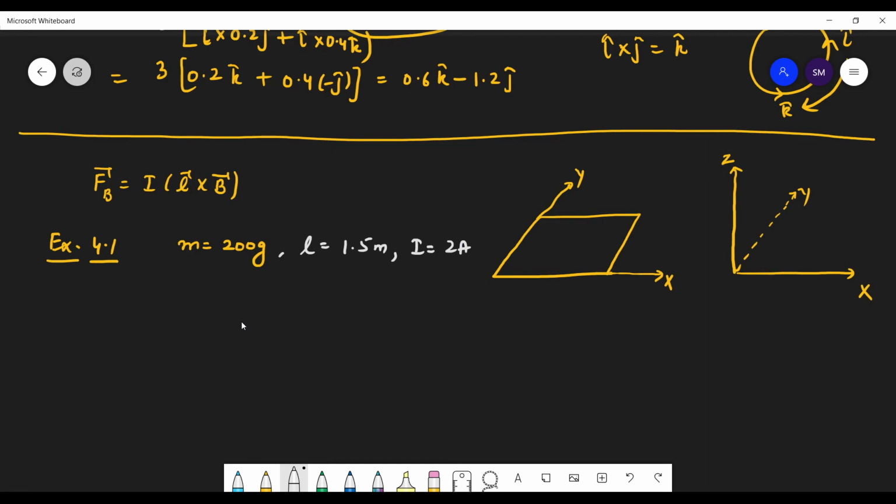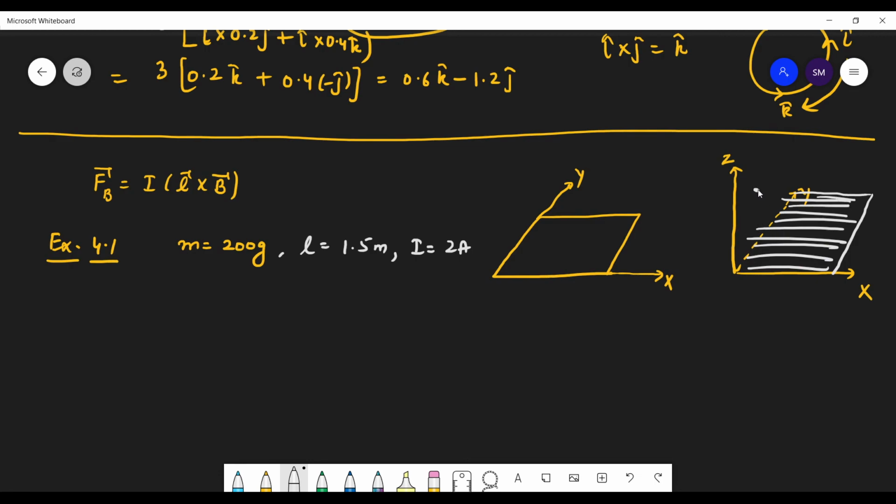Okay. It is suspended in mid-air by a uniform horizontal. So this is your plane. Yes. This is your floor, XY plane.